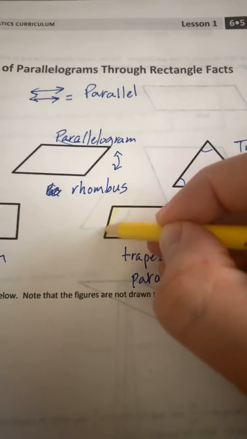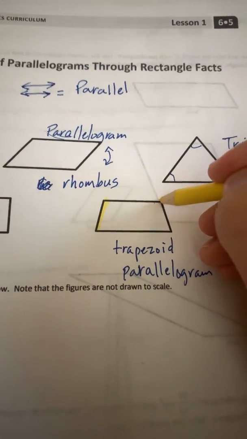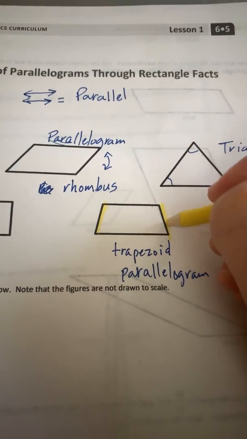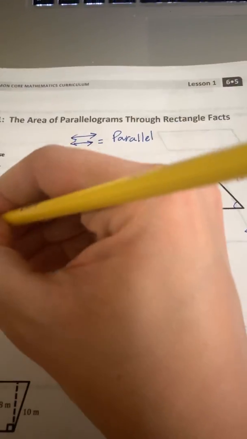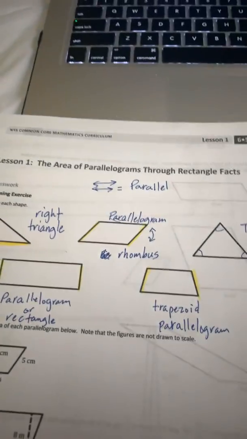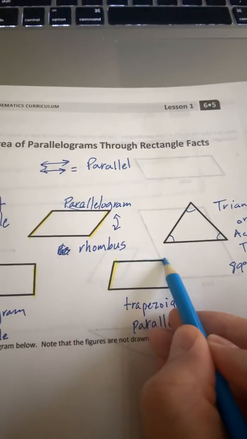Okay, these are the different shapes, and I'm gonna highlight here just in yellow, just so you see the parallels. These are parallel. Sorry about that. These are parallel. These are parallel, right? Same thing here, right?